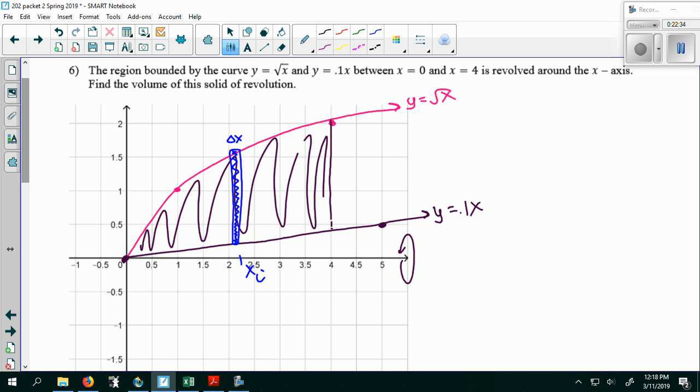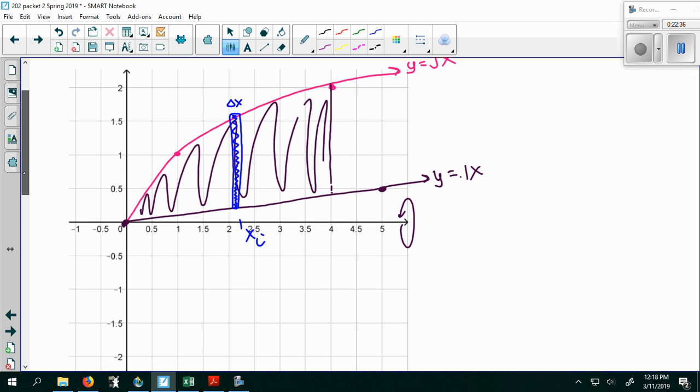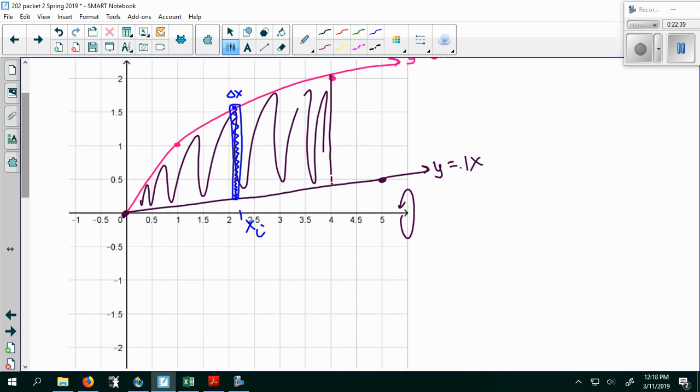And I'm going to sweep that rectangle around the x-axis, and it's going to sweep out a washer. Sometimes it's helpful to draw the reflection of the rectangle, and then you can more easily picture the washer.